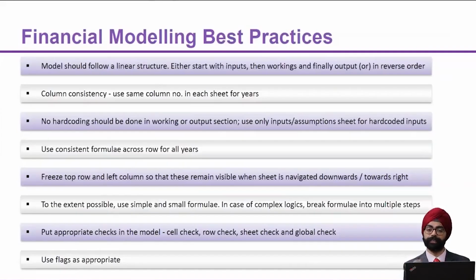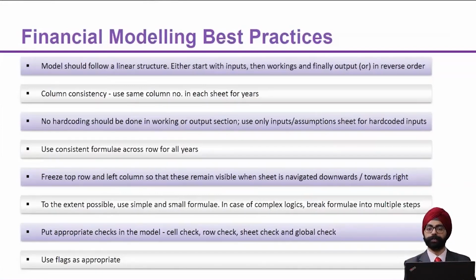But never ever include any hard coding in any other worksheet. If it is related to the working, if it is related to output, do not use any hard coding. Always put those hard-coded inputs in a single cell in the input and assumption section, and then call it.